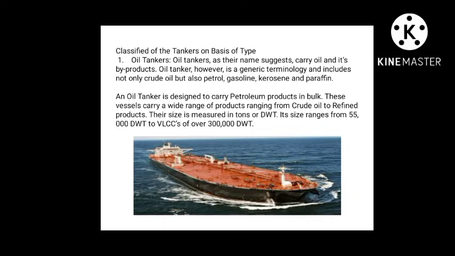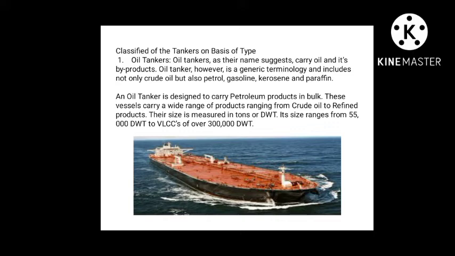And this topic is about classification of tankers on the basis of the type of tanker. So first is oil tankers. Oil tankers, as their name suggests, carry oil and its byproducts. Oil tanker, however, is a generic terminology and includes not only crude oil but also petrol, gasoline, kerosene, and paraffin.